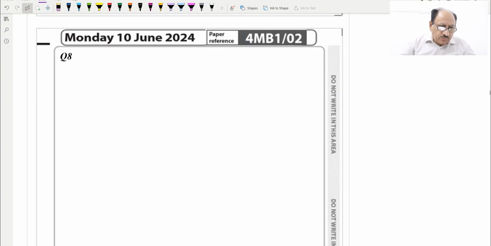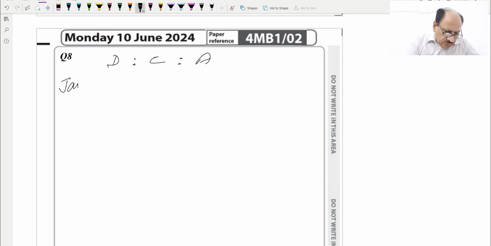Question number 8. Question number 8 says a Swiss company makes 3 different types of watches: diver watch and calendar, and third one is automatic. So the number of each type of watch made in Jan is such that diver is 4 ratio, calendar is 6:1, and automatic is ratio 5.